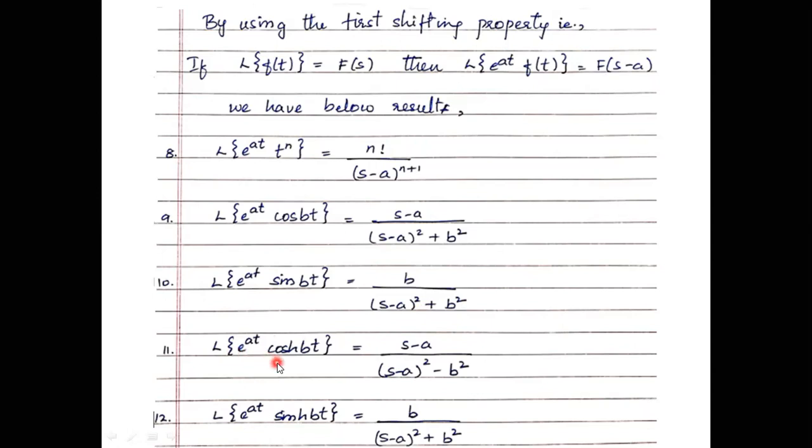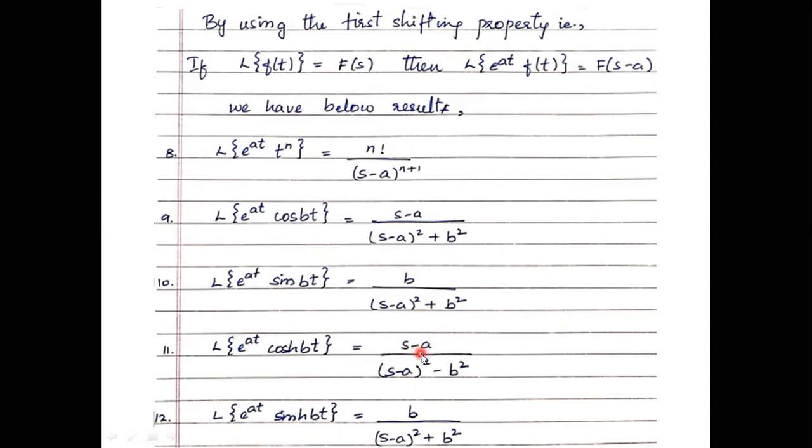And similarly for cos hyperbolic bt and sin hyperbolic bt. The Laplace transform of cos hyperbolic bt is s by (s squared minus b squared). Since there is e^(at) extra here, I'll be replacing s by s minus a.